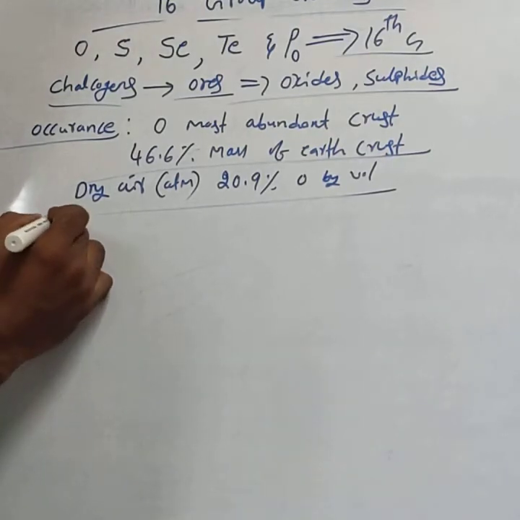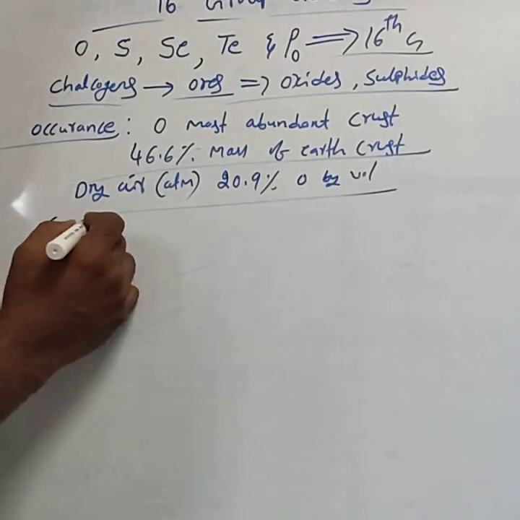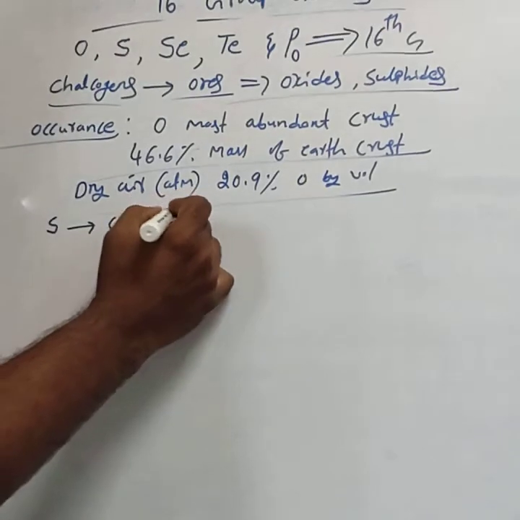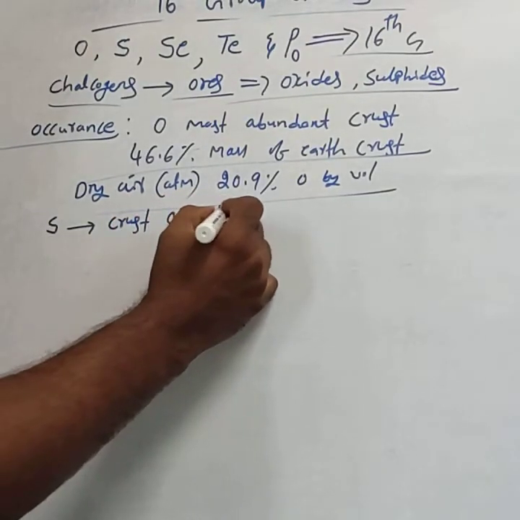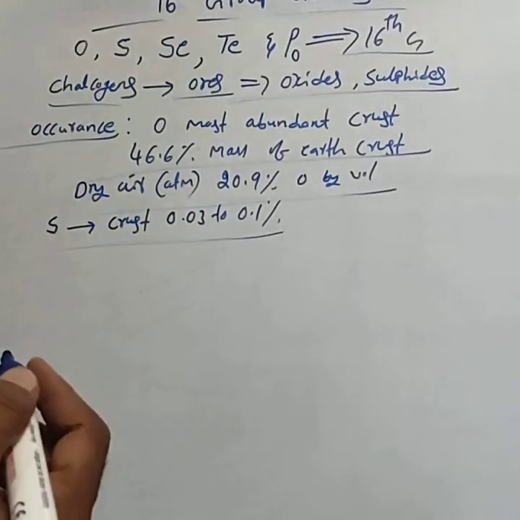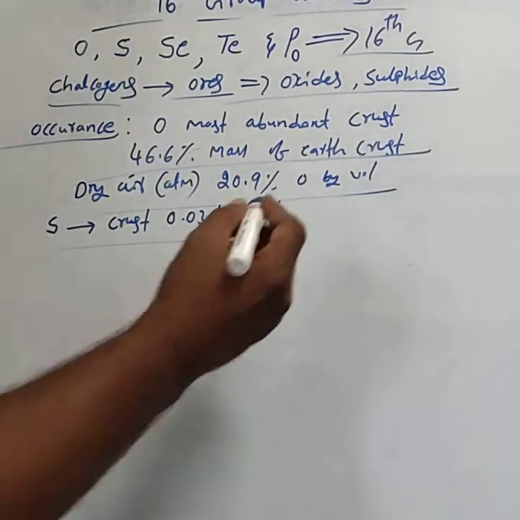Then the occurrence of sulfur. The abundance of sulfur in the earth crust is only 0.03 to 0.1%.